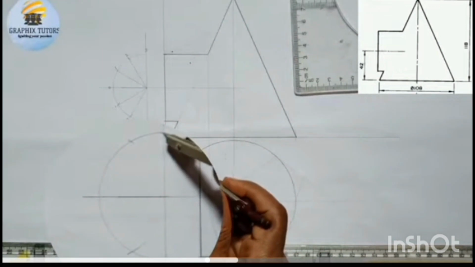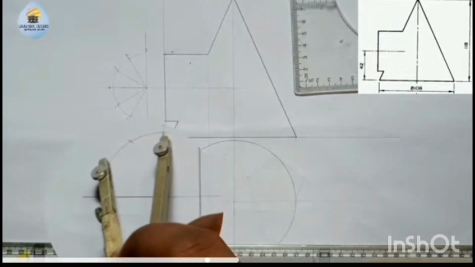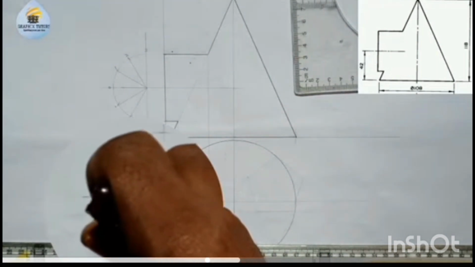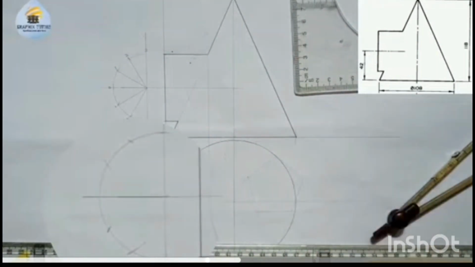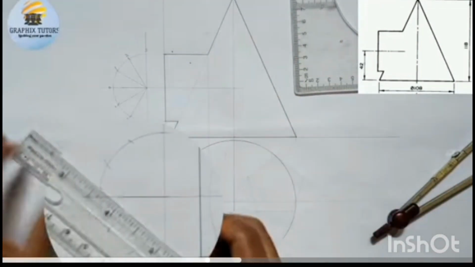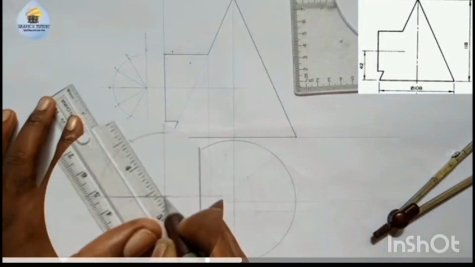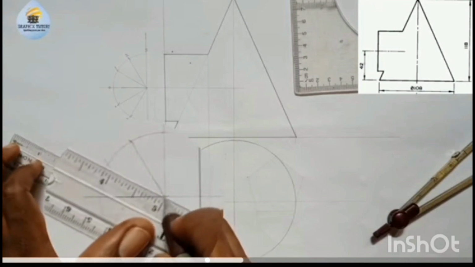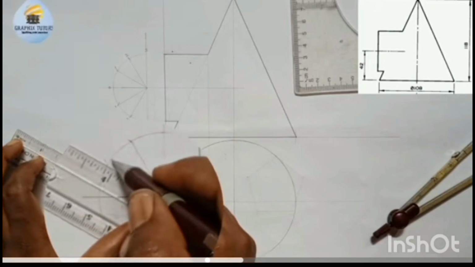I'll place it here, I'll mark this region, I'll place it here, I'll also mark this region, and I'll rotate them to the center. Just a front line.